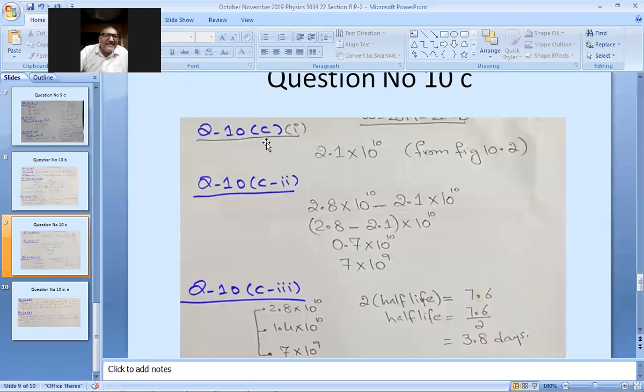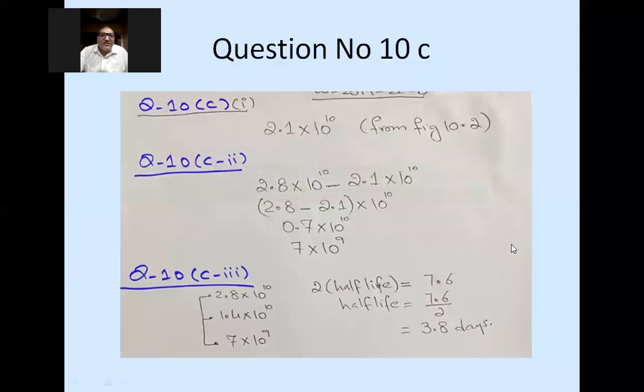Let me show you. This is a little tricky question. When we started the experiment, the number of atoms of radon was 2.8 x 10^10. And now, because I know that the alpha particles given out are 2.1 x 10^10, it means the radon nuclei which have decayed are also 2.1 x 10^10.